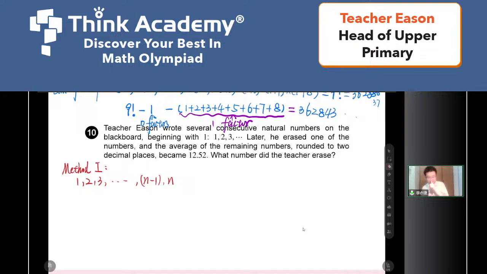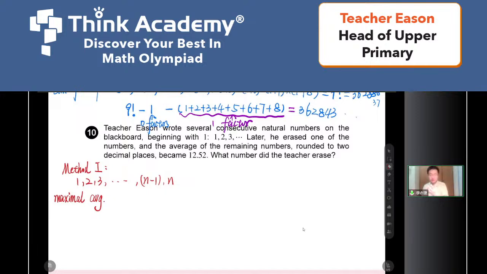But here is something important. This remaining average should be within a range. So which range? Let me see. How to make the average of the remaining numbers the maximum?